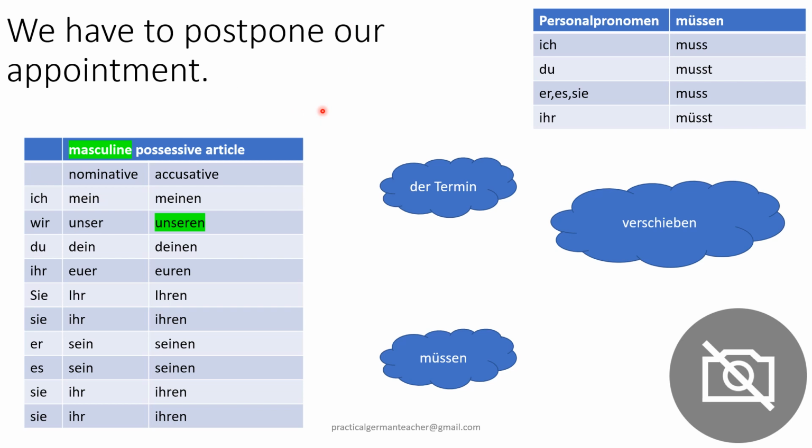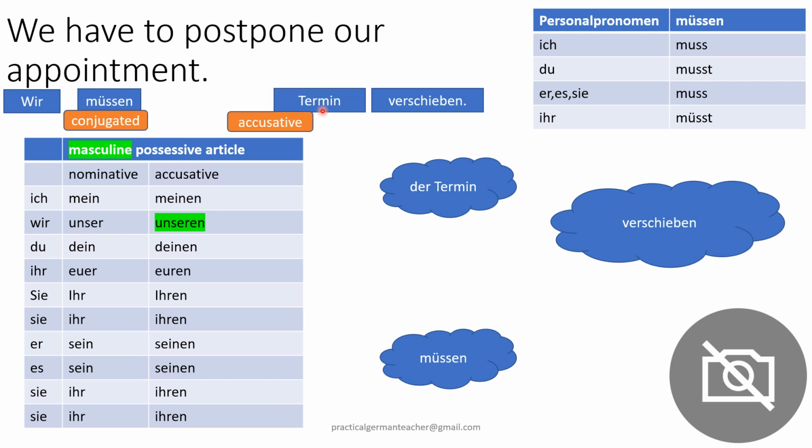You start with the verb at the last position in its infinitive form. Then at the second position, you have the modal verb müssen conjugated, and the object Termin, accusative. Therefore, the correct article is unseren. Wir müssen unseren Termin verschieben.